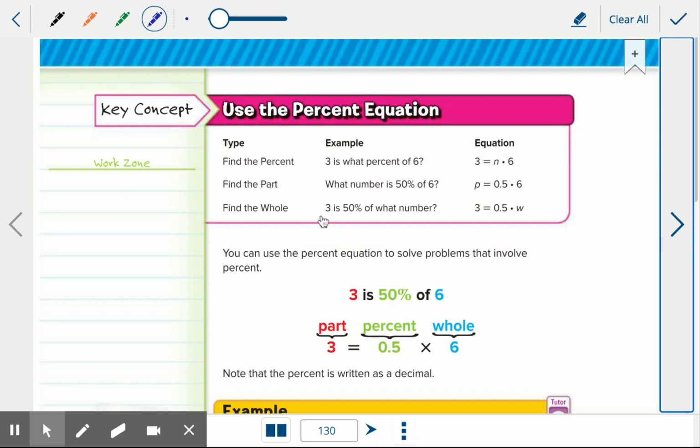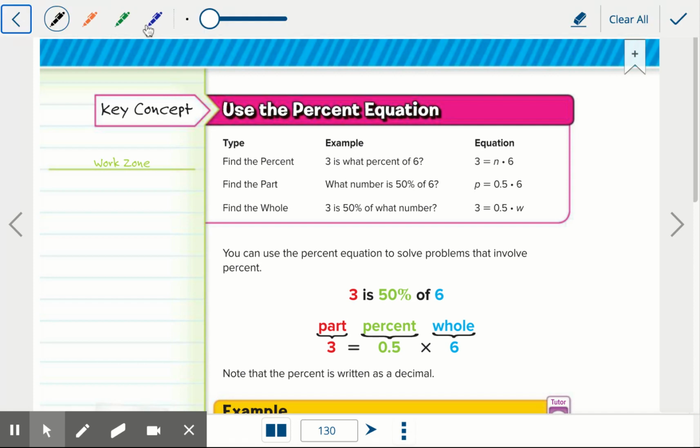Let's go ahead and look at some examples. Just like with the percent proportion, there's this box here that explains what you should be using if you're finding different pieces. If I'm looking to find the percent, I'm going to write an equation that looks like this, and I'm going to be looking for this n.